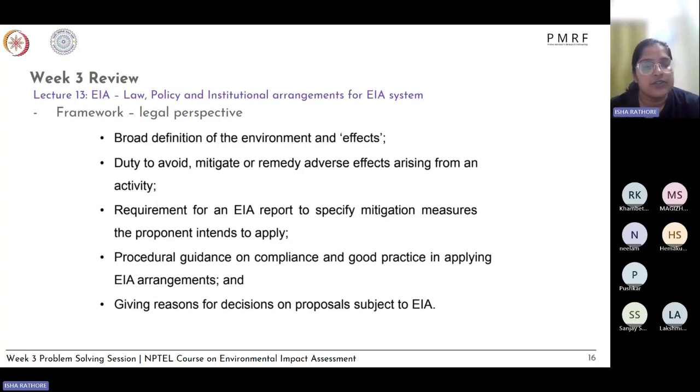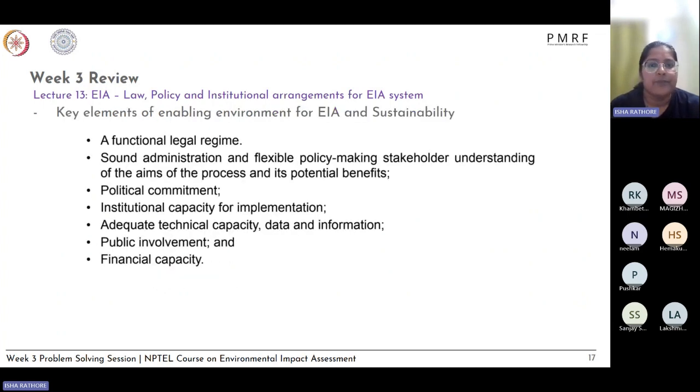And in terms of effects, you also mention what you are avoiding, what you are mitigating, and how you are addressing all of these effects which are coming out of the development activity in your proposal reports. Then there's the requirement for an EIA report to specify mitigation measures which need to be applied, procedural guidelines on compliance and good practice in applying EIA arrangements, and giving reasons for decisions on proposals which are subject to EIA. So all of these are considered from a legal perspective.